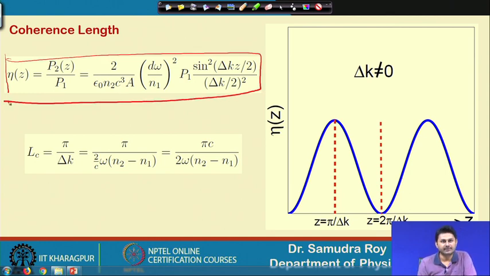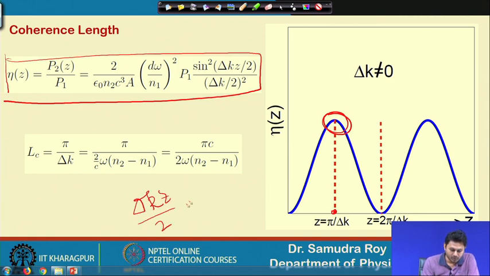this efficiency we have already derived, and we find that it is proportional to the sine square when delta k is not equal to 0. We find that there is a specific distance for which I will have the maximum value, and these maxima will occur when delta k z by 2 becomes pi by 2, because sine square of pi by 2 is 1.